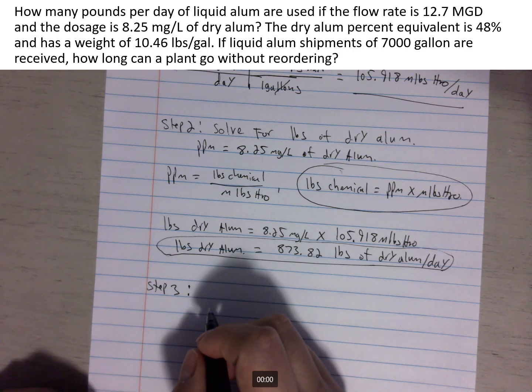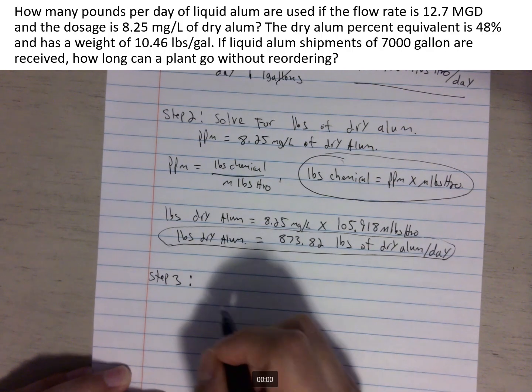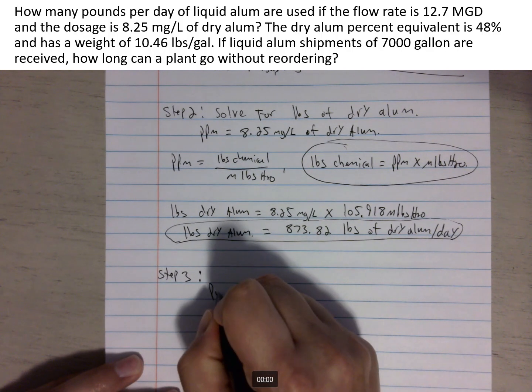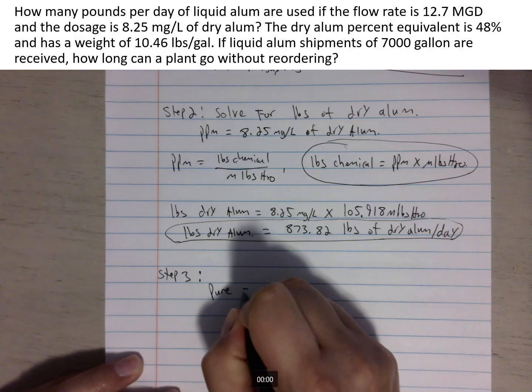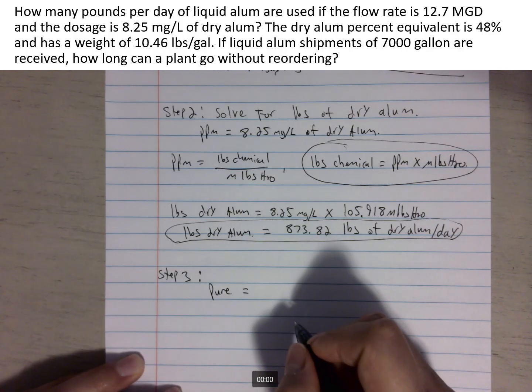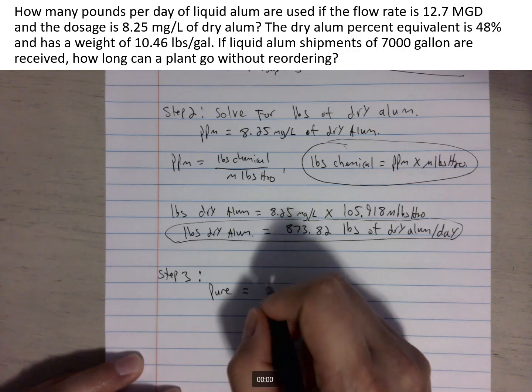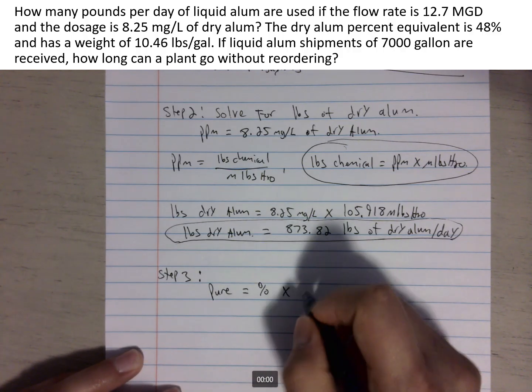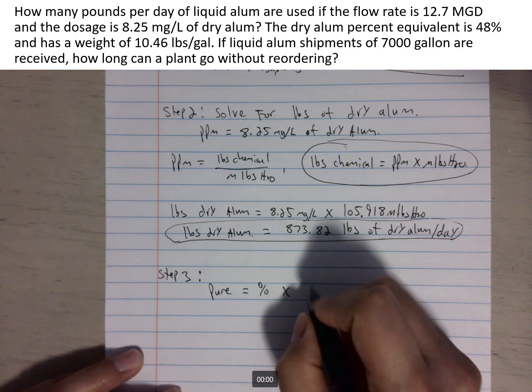So for the next steps, let's set up our equations to see if we need to find mixture or if we need to find pure. Pure is equal to your percentage multiplied by your mixture, or by your product.